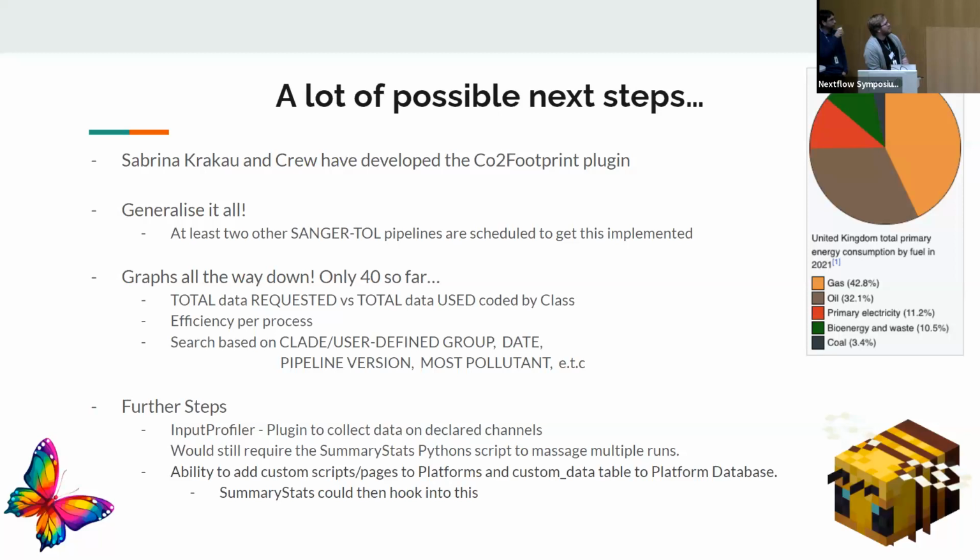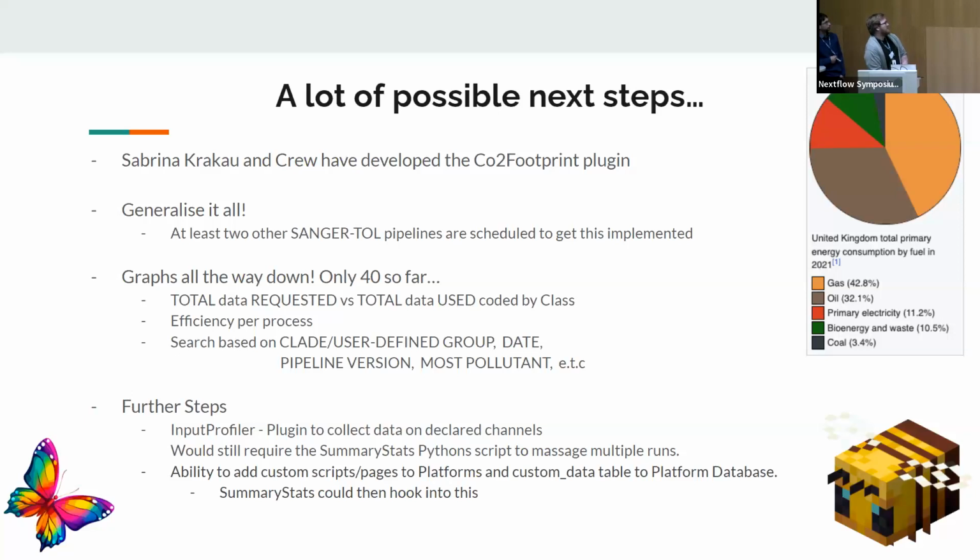At the minute, the script is very geared towards TreeVal. We need more graphs. Efficiency per process. We need to be able to search through our data sets via date, pipeline versions, most polluting, and the clades.